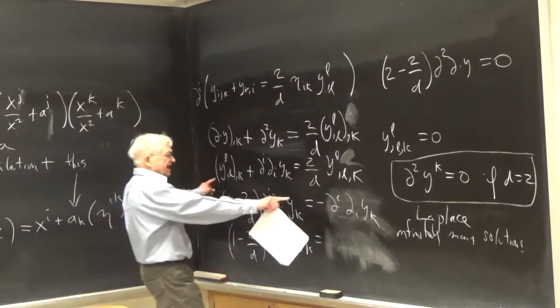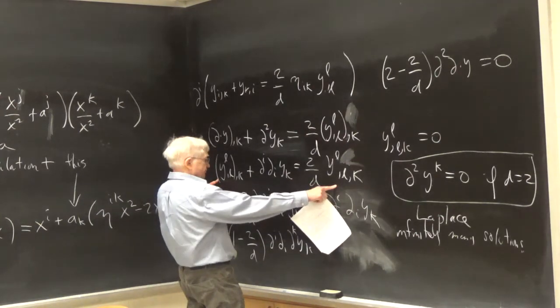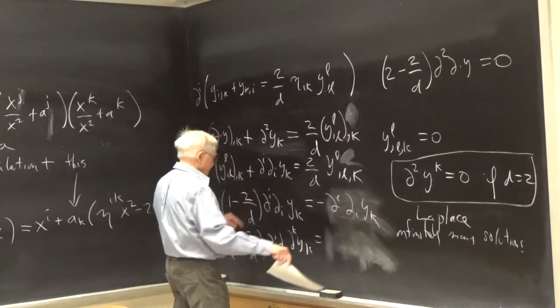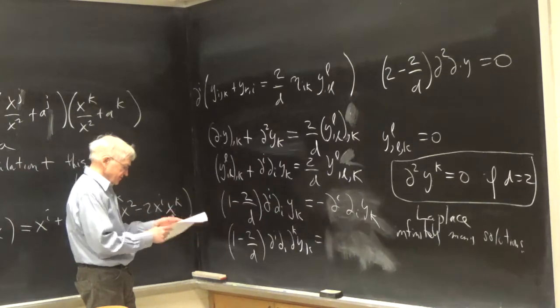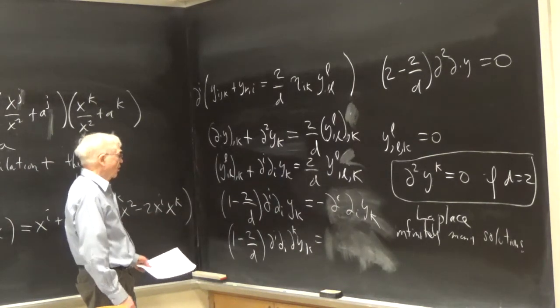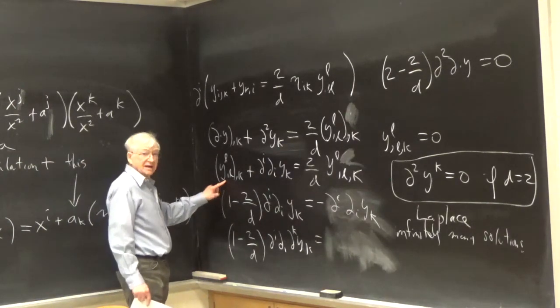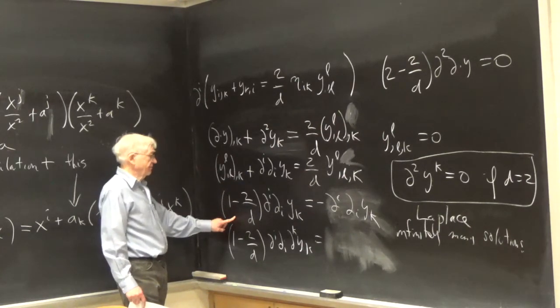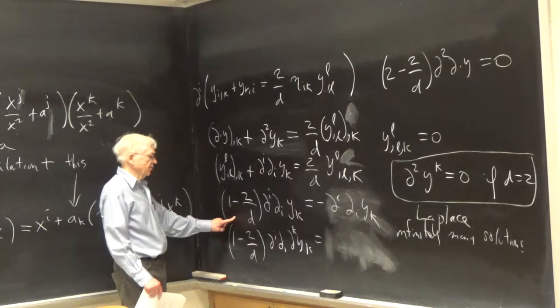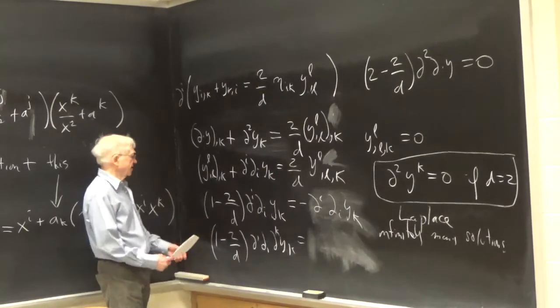Yeah, I combined these two, but those two are not equal. Now look at what's multiplied by 1 minus 2 over d. Yes, you're right. That should be the y_{l,lk}.